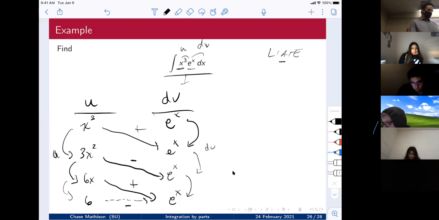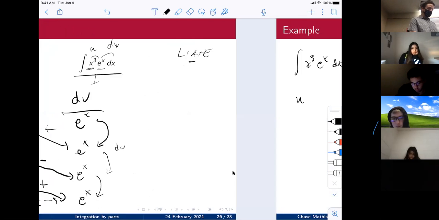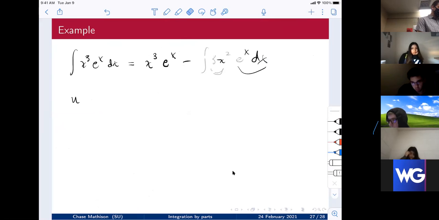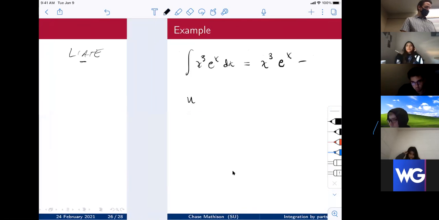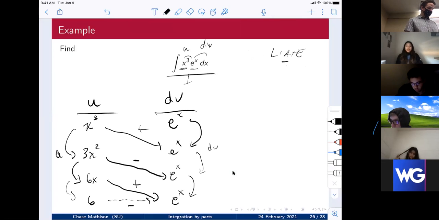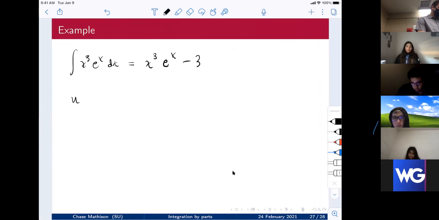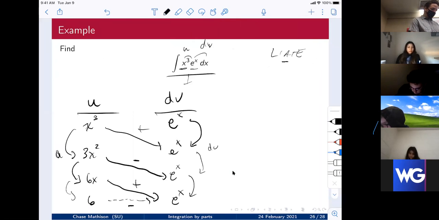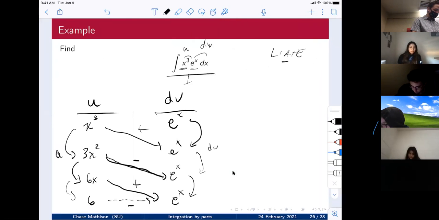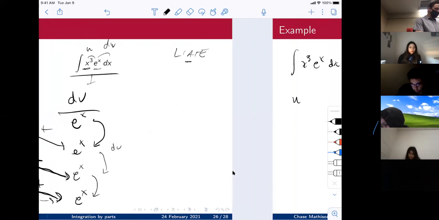So let's use that table. So we have x cubed times e to the x. Let me erase this because now we can shortcut everything. x cubed times e to the x minus 3x squared e to the x. So that was that times that, plus 6x e to the x.